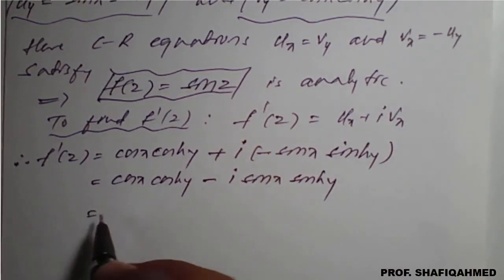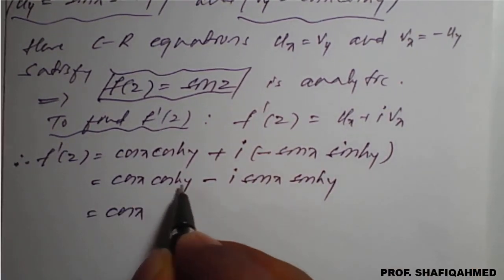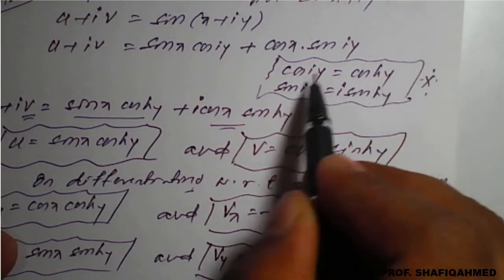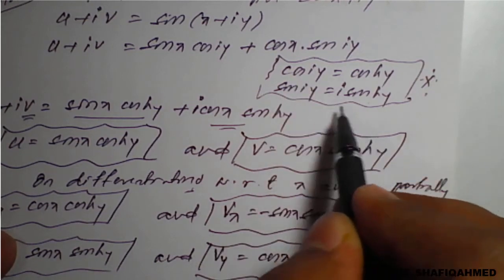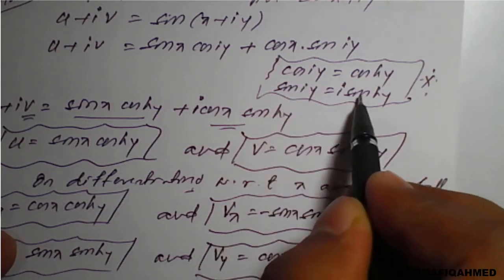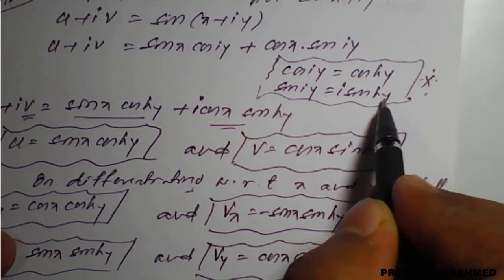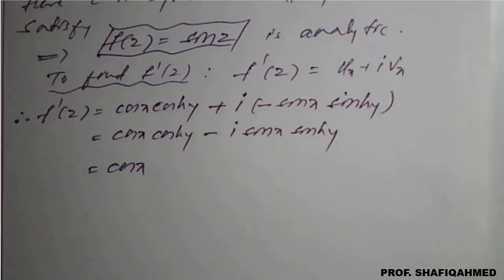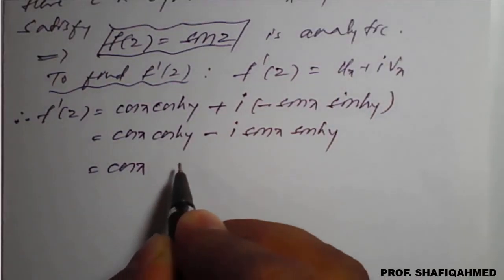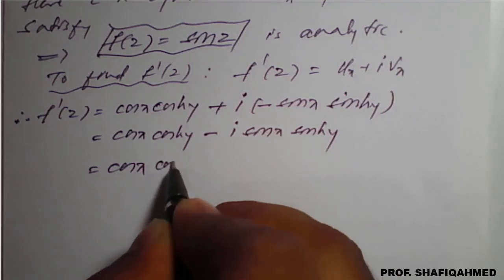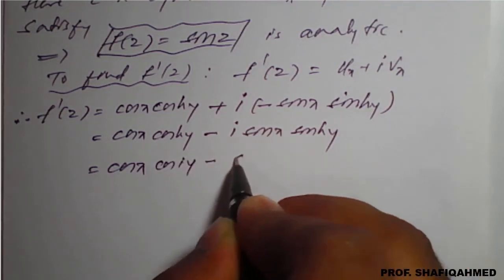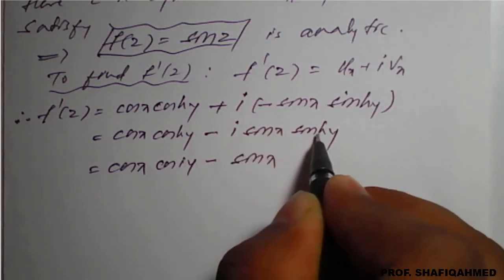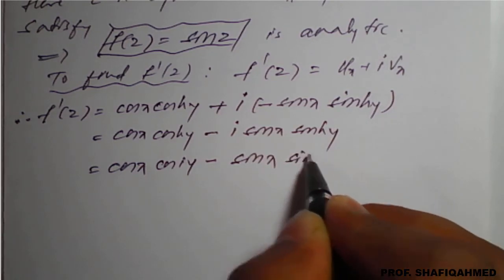As we know, cos hyperbolic of y can be written as cos Iy, and sine hyperbolic of y can be written as sine Iy divided by I. So this cos hyperbolic of y can be written as cos of Iy, and this sine x as it is, I times sine hyperbolic of y is sine of Iy.